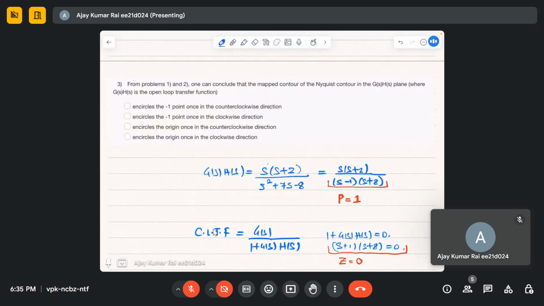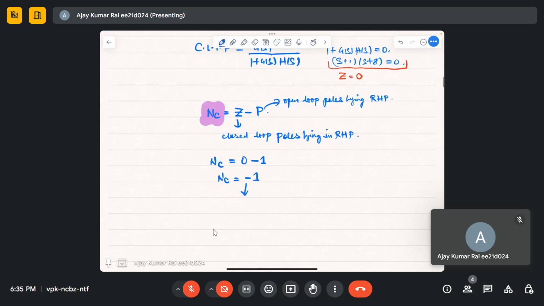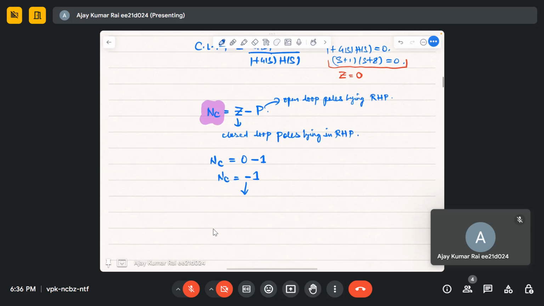Let me again read: one may conclude that the mapped contour of the Nyquist contour in the G(s)H(s) plane encircles the -1 point once in the counterclockwise direction, right? So it is encircling the -1 point one time in the counterclockwise direction.